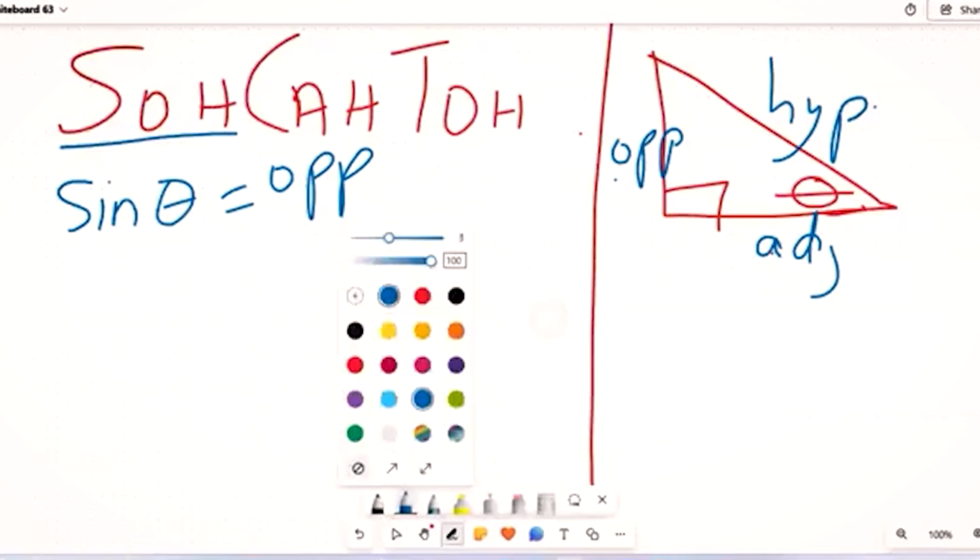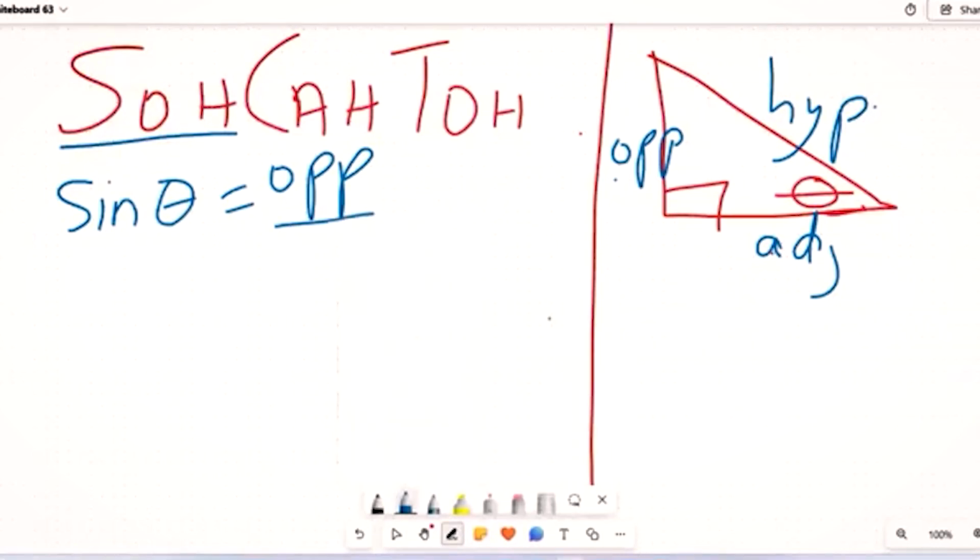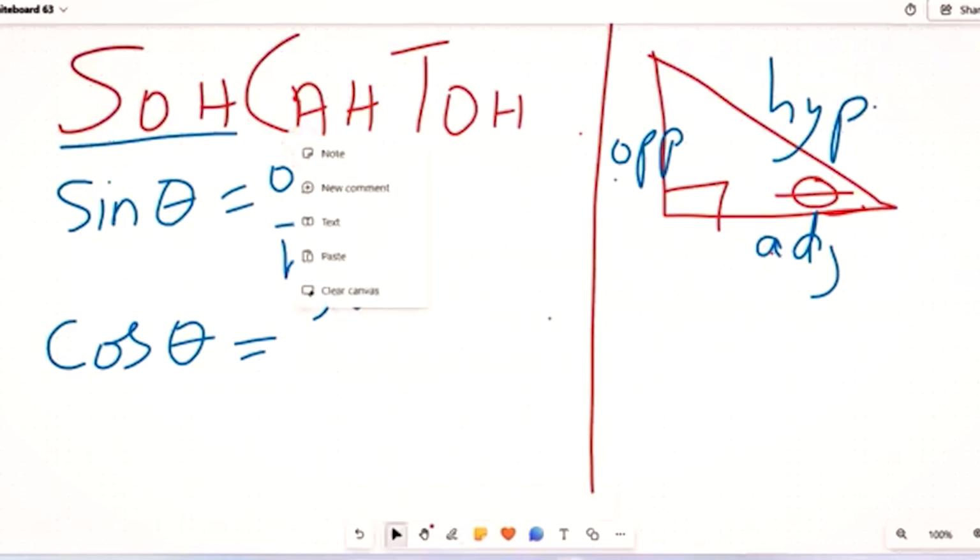And cosine of theta. That's what we hopefully learned from geometry in high school. All you need to remember it is SOHCAHTOA.